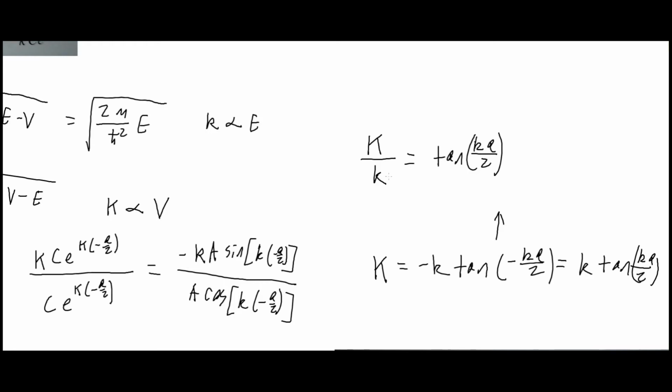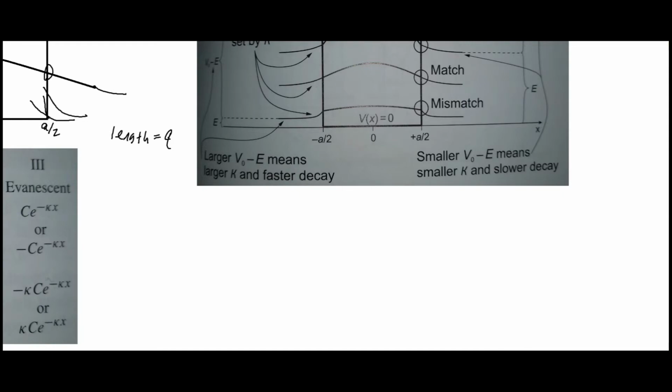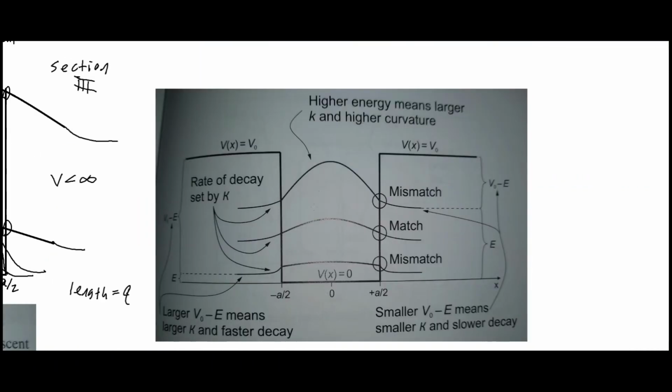And so we end up with this equation right here, and like I said, we're attempting to look for where this is the case. I had this image here just to show that we need a specific k and kappa in order for this to be continuous at the boundaries.